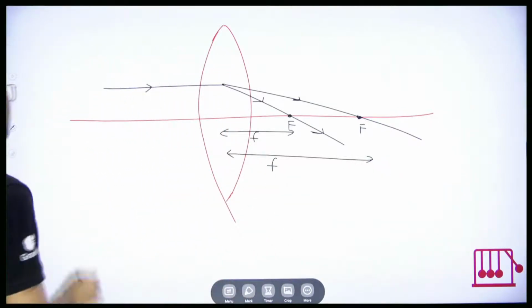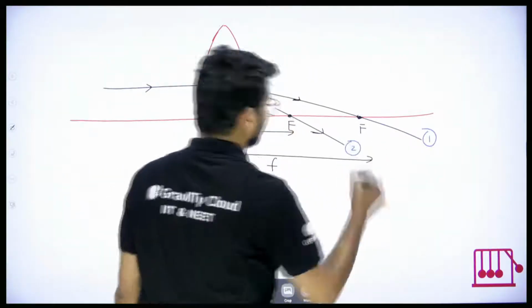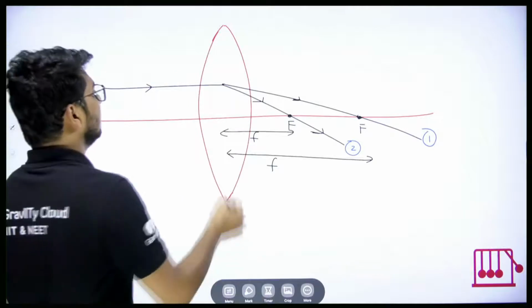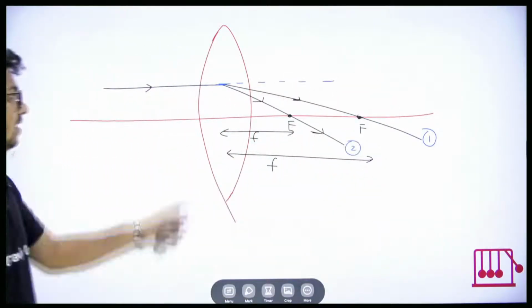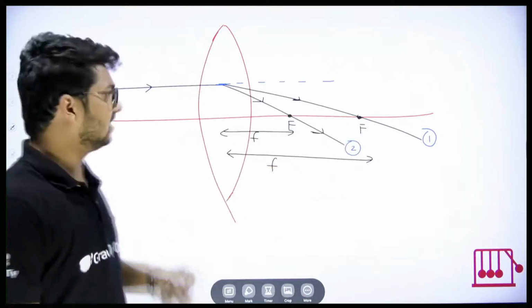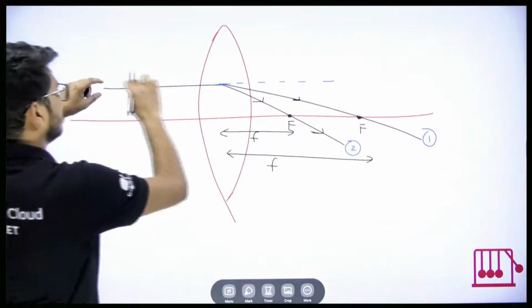Now let's discuss that. So let's say this is case 1, this is case 2. And here, if I just look at the bending, this blue dotted line is the direction of the ray.